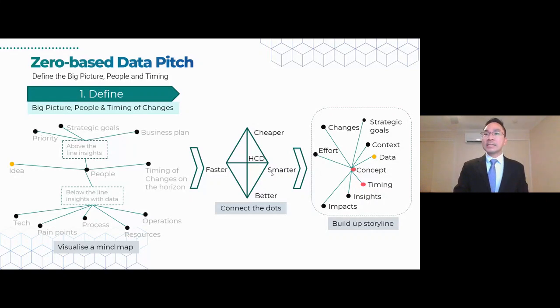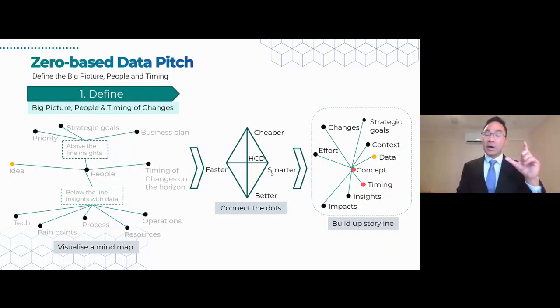Then after connecting the dots, we can start to build up the storyline. And you can see here, we start with the idea. The expected outcome is about the concept. The concept, where it will expand to: okay, do I have the supporting data? Do I have the business context? How do I relate it to strategic goals?